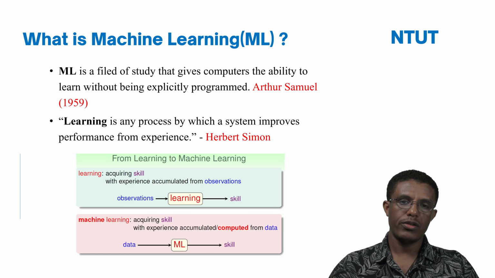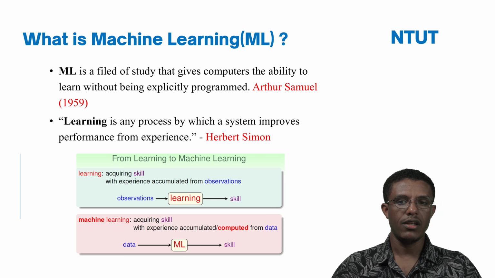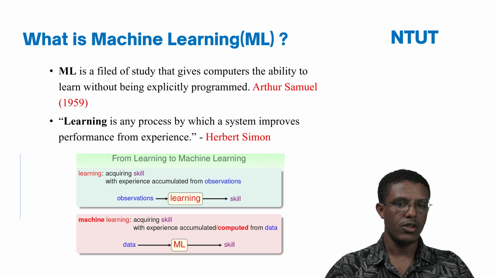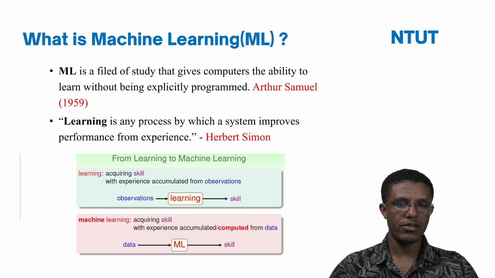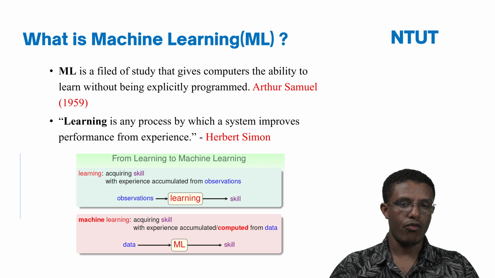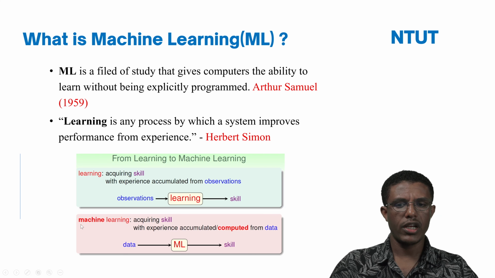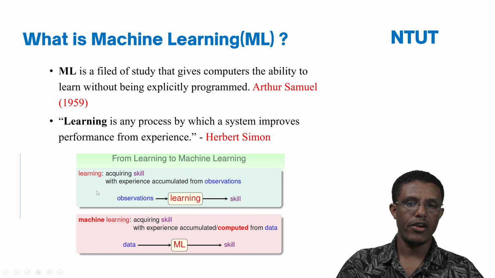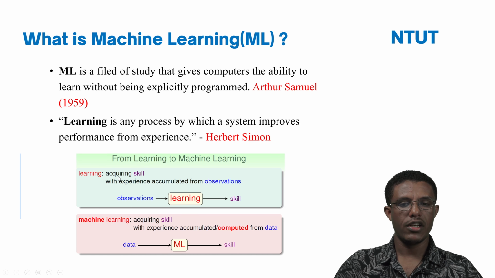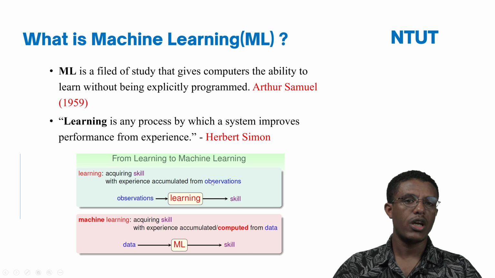From the concept of machine learning, when we ask what learning is specifically, learning is any process by which a system improves its performance from experience. Machine learning is like human beings, learning from different experiences, from the data or from the environment. In learning in general, we acquire skills with experience, the accumulation from observations.